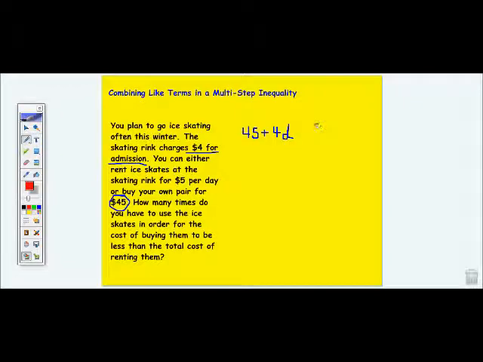The rental fee would be $5 a day plus the admission fee, which is $4 a day. Again, my variable is D for days because I don't know how many days. That's what it's asking me. How many times must I go? Now, if I want to know when it would be better for me to buy my skates, I want this equation to be less than the rental equation.